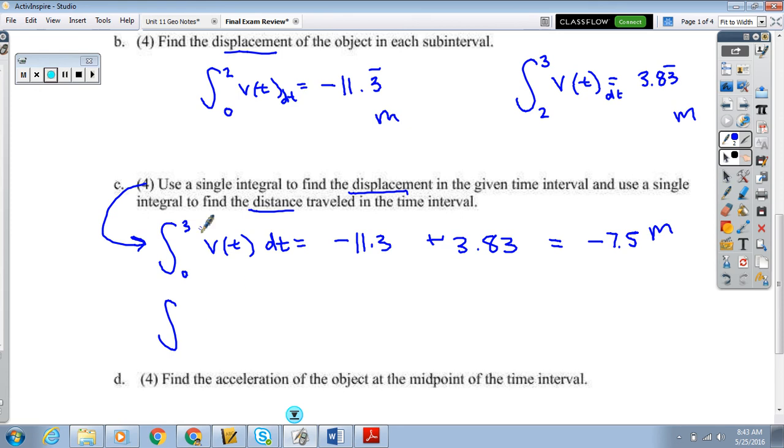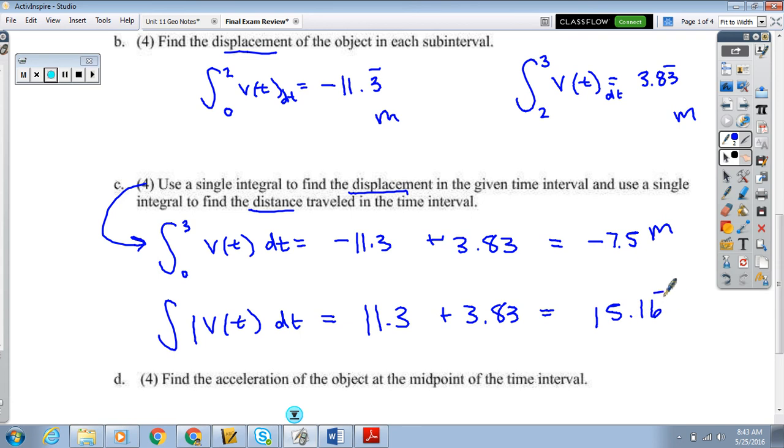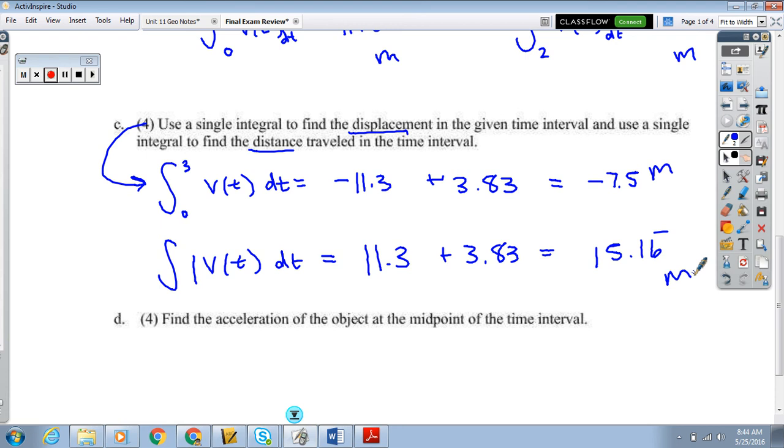So I want to treat all of my velocities as positive. The only difference is that 11.3, I'm going to make positive. And when I add those together now, I get 15.16 repeating meters. I haven't even been doing 3 decimal places. Oh my gosh, slacking.